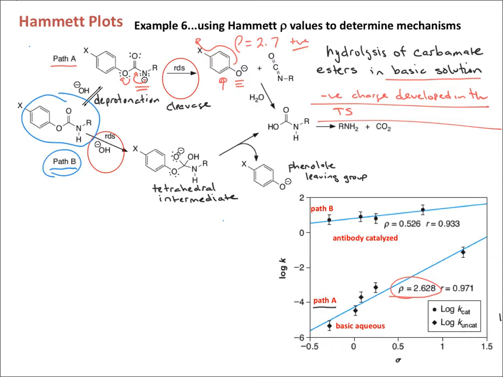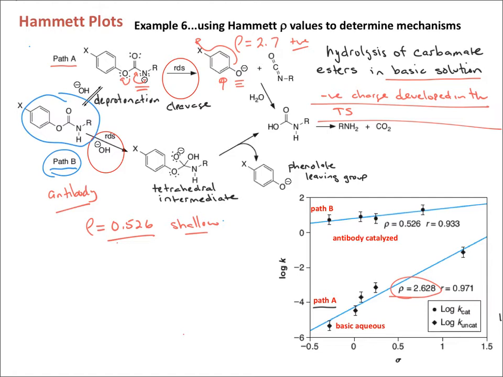However, surprisingly, when the reaction was carried out in the presence of a catalytic antibody, and the rate constants for the reaction were again measured as a function of substituent, the rho value was determined through the Hammett plot. In this case, the rho value equaled only 0.26. So this is a very shallow slope.